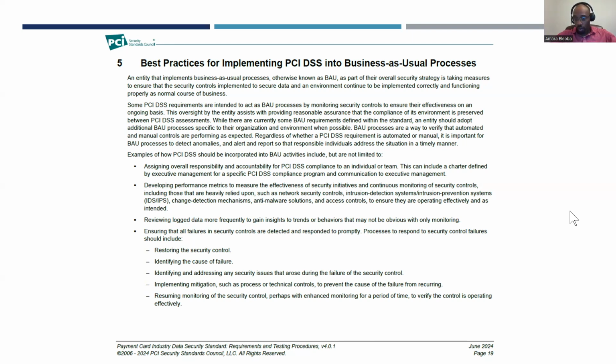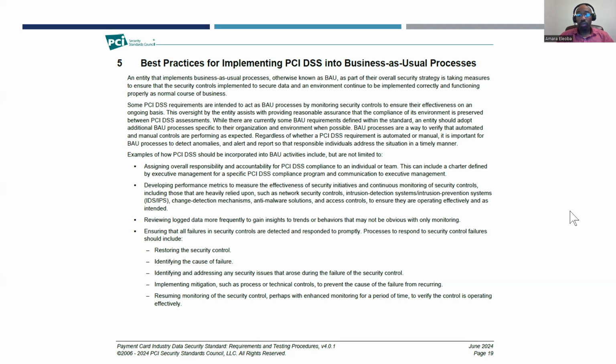Some organizations, especially if you are being assessed as a service provider, need what we call a PCI charter. That will include the responsibility and accountability of everything you're doing for a PCI program, and must be addressed in that PCI charter.